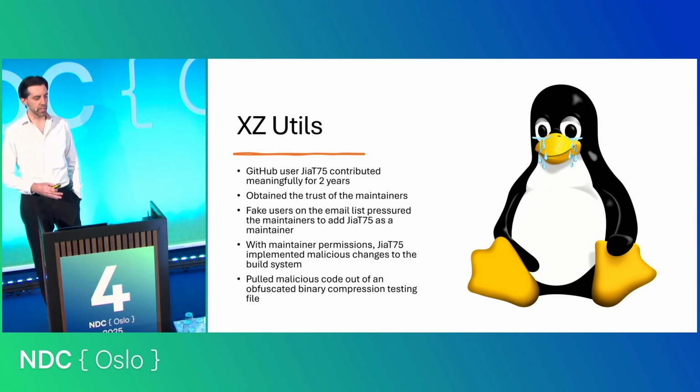So what Gia did was take some malicious code, obfuscate it, and mask it as one of these binary test files. And then in the build system, they de-obfuscated that code out of the test file and injected it into the release. Because of this, anyone looking at the open source code would not have seen anything. Now, anyone doing a checksum would have found the difference, but not a lot of people do that, if we're being honest.